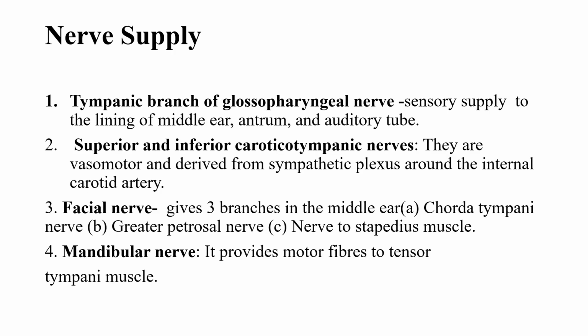Now the nerve supply, it's a little complicated. So break it down into small pieces, and then you can study it again and again. This is important. The nerve supply is very important. Let's see. First of all, Jacobson's nerve, that is the tympanic branch of the glossopharyngeal nerve.